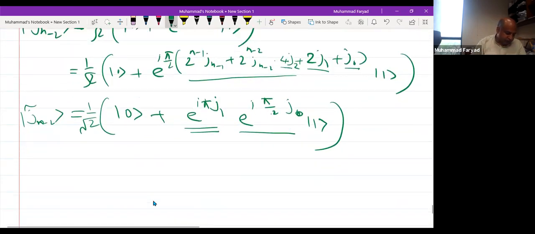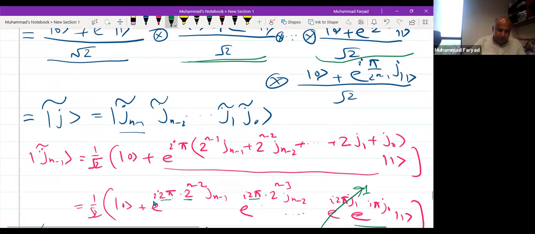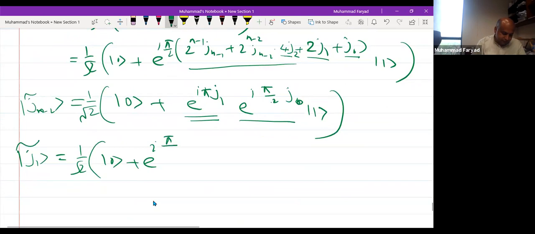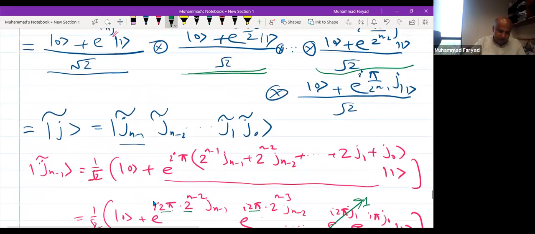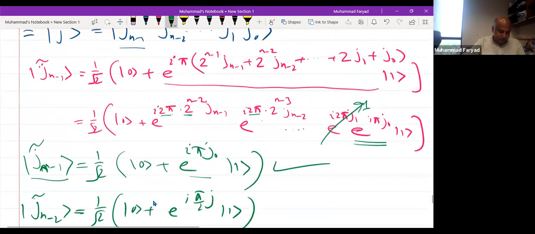So this term was j1, 1 over square root 2, 0 plus exponential iota pi over 2 power n minus 1 j1. Let's just check to make sure that's right. 2 power n minus 2 j. Oh, sorry, 2 power n minus 2.